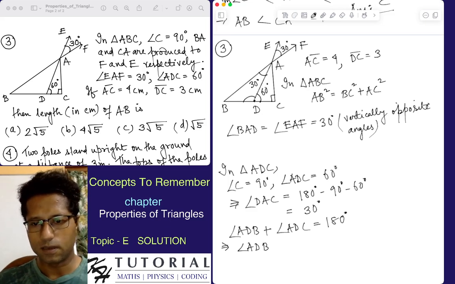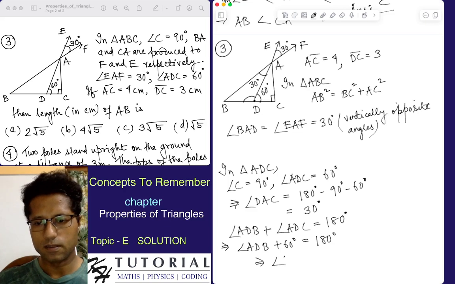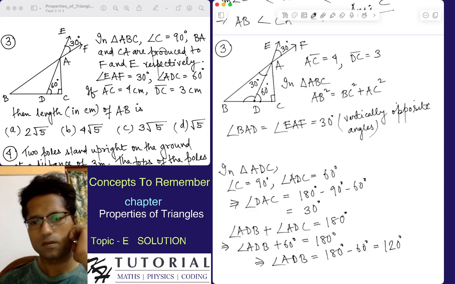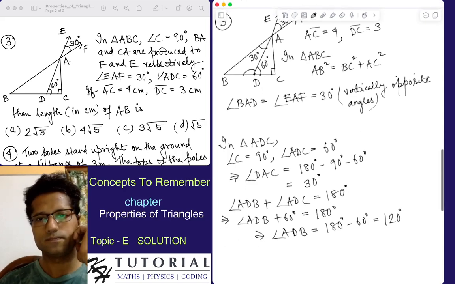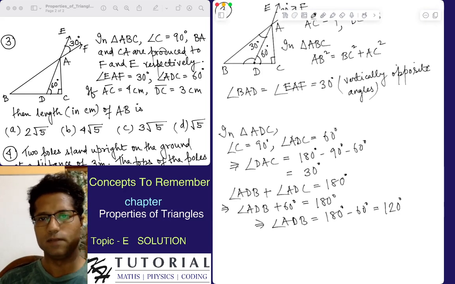This implies angle ADC is 60 degrees, so angle ADB will be equal to 180 degrees minus 60 degrees, that is 120 degrees. Now angle ADB is 120 degrees.